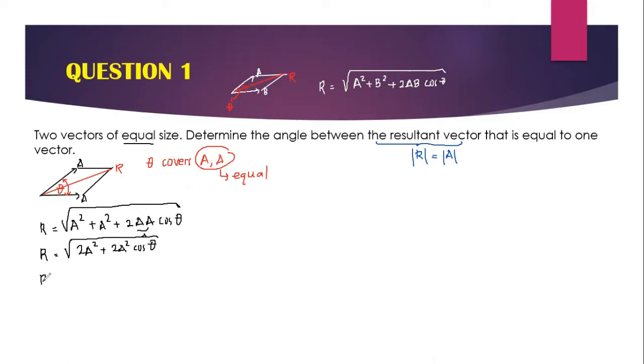Next, you can simplify this one, right? R equals the root of 2A squared, open the bracket, 1 plus cosine theta.